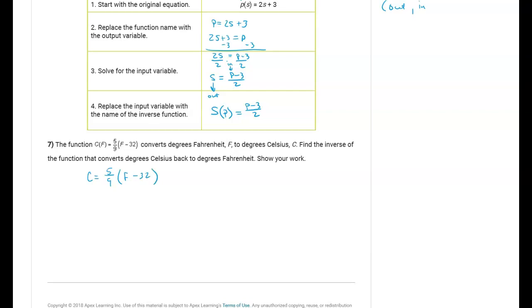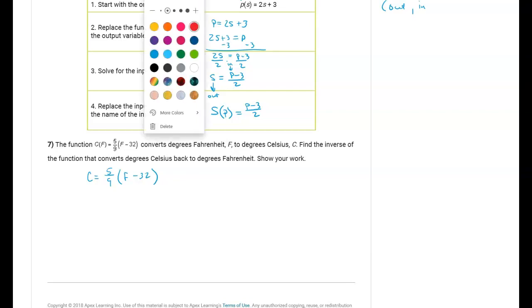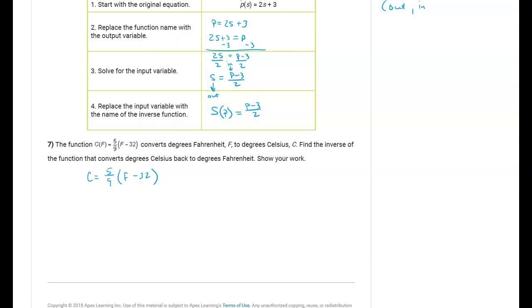Now what I'm going to do is take this equation and solve it for F. It is a little more complicated to solve for F, but the first thing we're going to do is multiply both sides by my denominator 9. When I do that, it gives me 5 times (F minus 32) equals 9C.